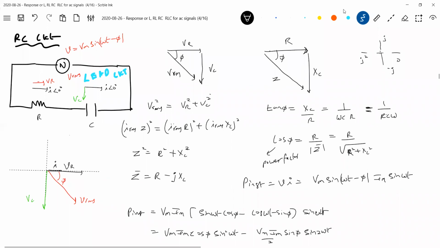So when you calculate the average power, the sine 2 omega t term will be 0. Only the sine square omega t term will remain. The average value of sine square omega t is 1 by 2. So what is the average power?